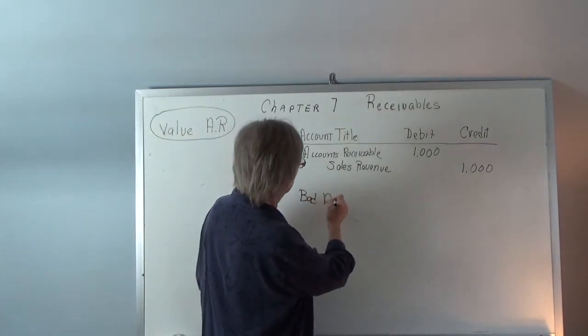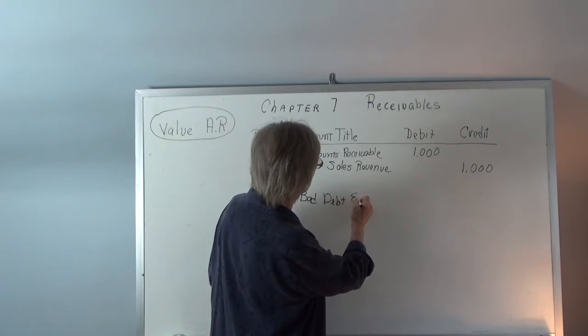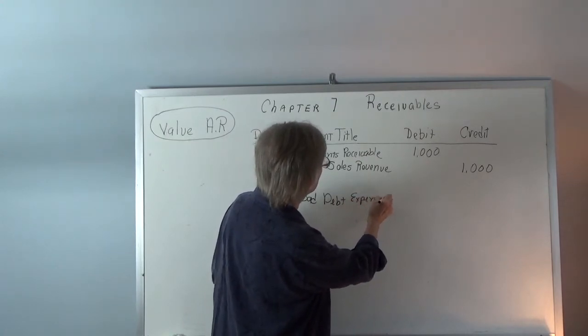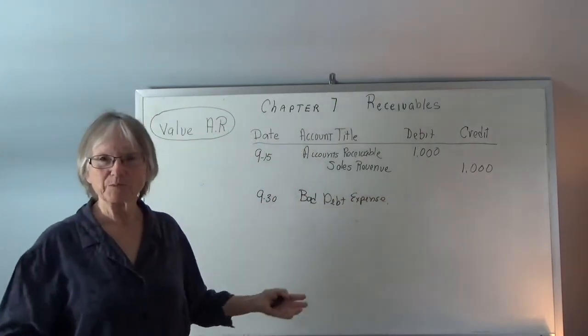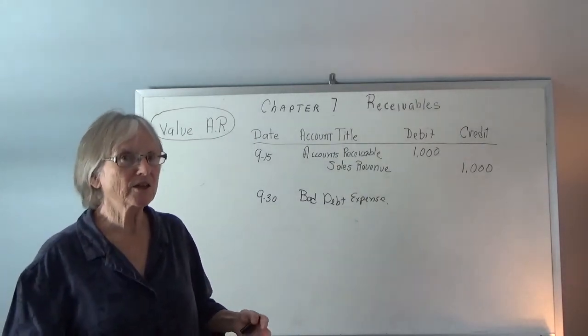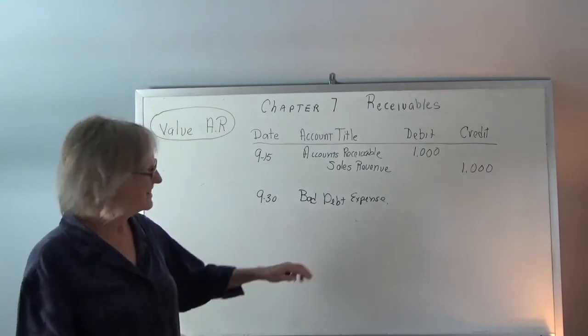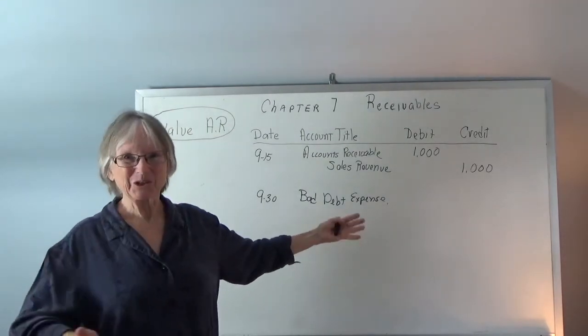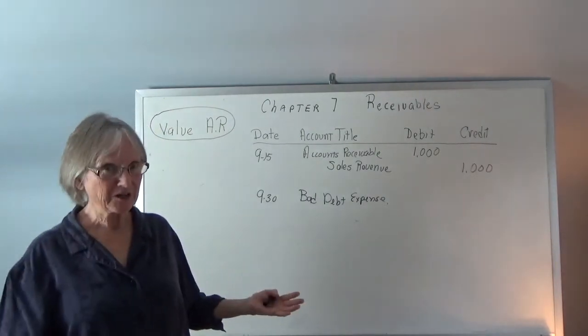We're going to debit bad debt expense as we did before, but we are not going to credit any accounts receivable because, and this sounds a little weird, nobody has not paid us yet, okay? So we can't write off any particular account receivable because we don't know who's not going to pay.